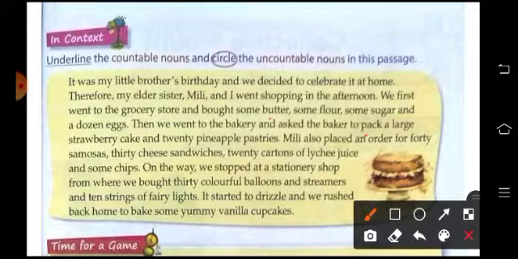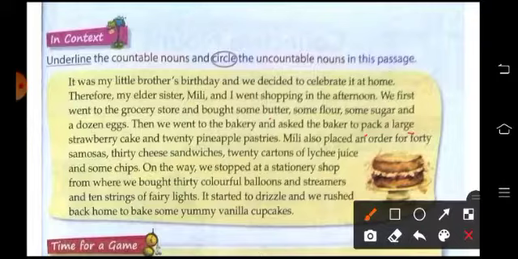Then we went to the bakery and asked the baker to pack a large strawberry cake and 20 pineapple pastries. So you have to underline the countable nouns and circle the uncountable nouns.